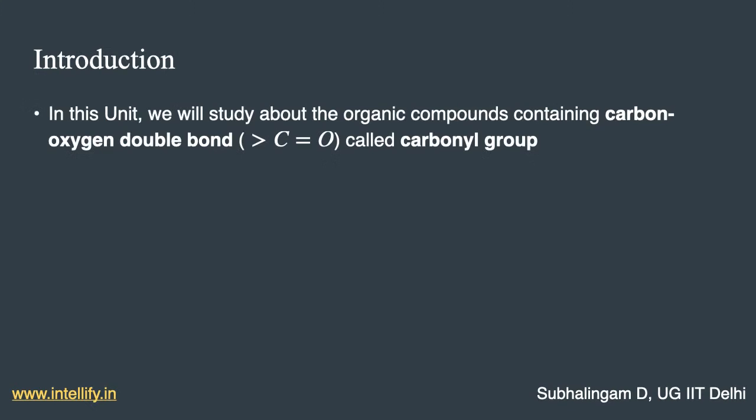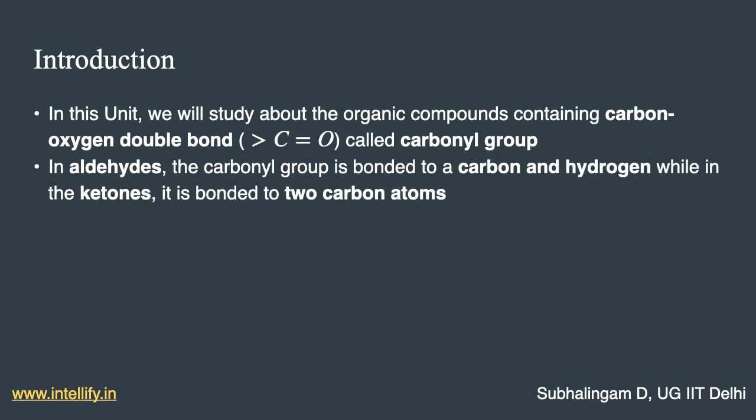Introduction. In this unit, we will study organic compounds containing a carbon-oxygen double bond, and these groups are called carbonyl groups. In aldehydes, the carbonyl group is bonded to a carbon and hydrogen, while in ketones it is bonded to two carbon atoms.